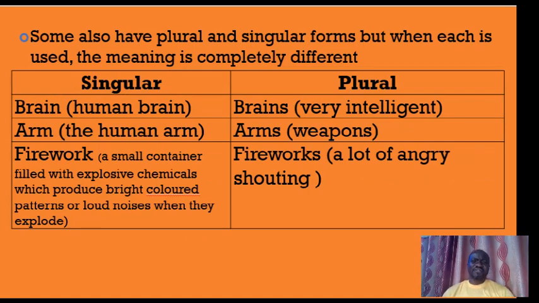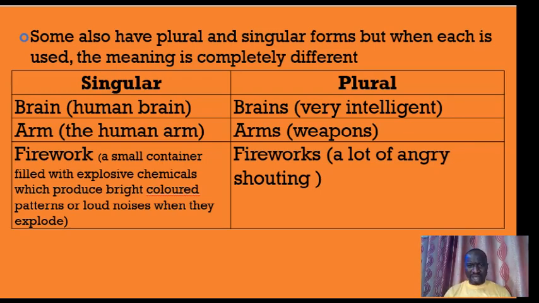Some also have plural and singular forms, but when each is used, the meaning is completely different. Let us look at this example. When we talk of brain, we are referring to the human brain in the singular.